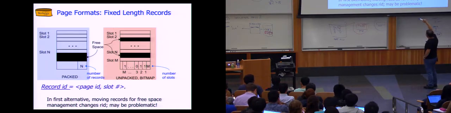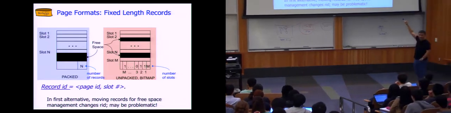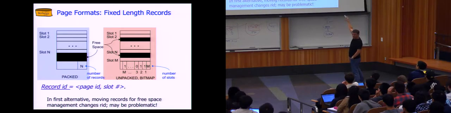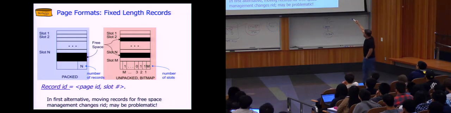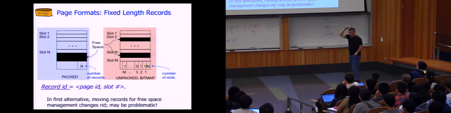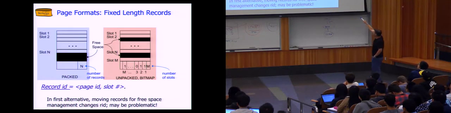All right? The other thing you might do instead is to choose not to compact free space as you delete tuples. And so you might have empty slots in this page for tuples. They're still fixed width. There's just some slots that are empty. And so you'll need some kind of bitmap at the end to say which ones are empty and which ones are full. And you might like to know how many slots there are on the page, although if it's fixed width, you could probably calculate that number m.